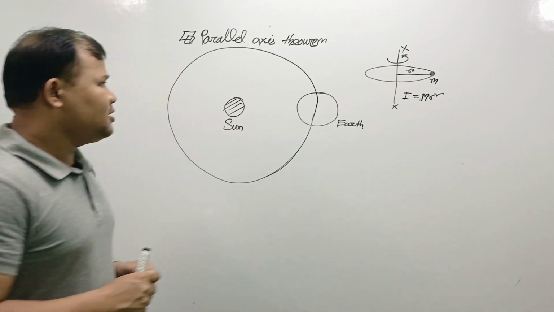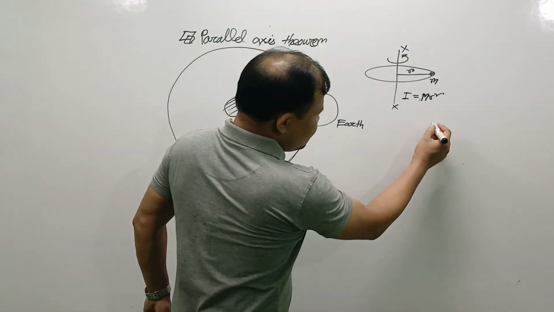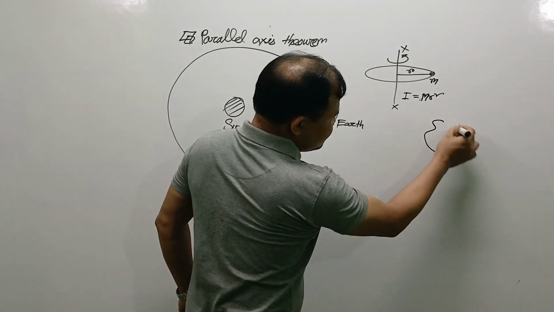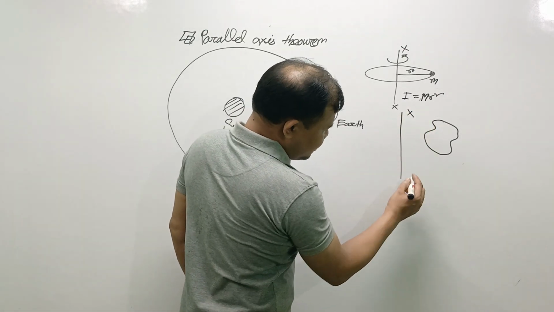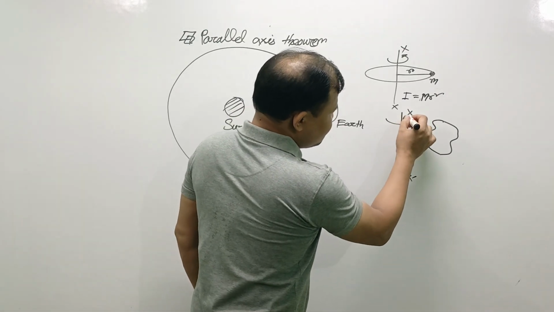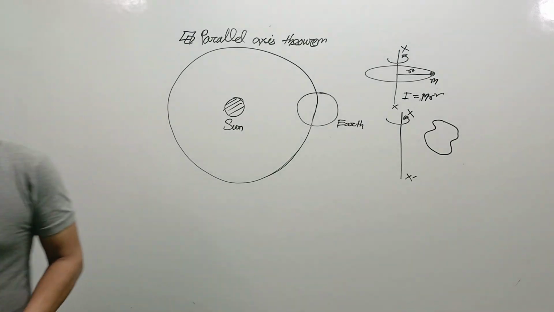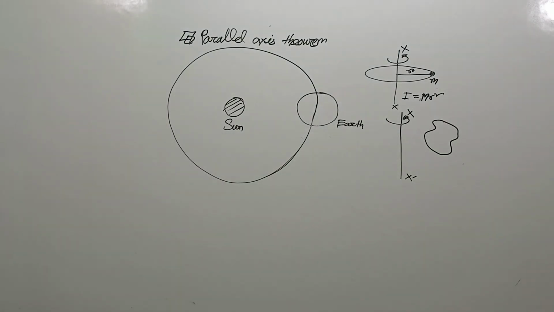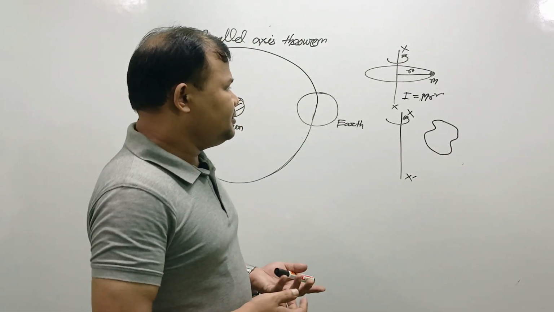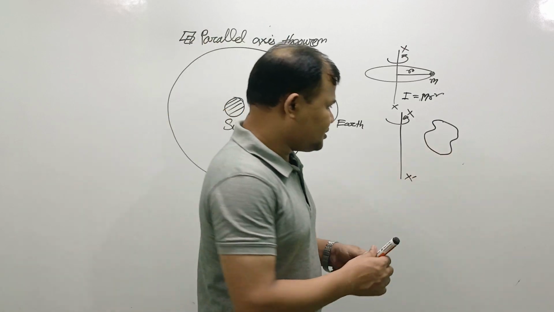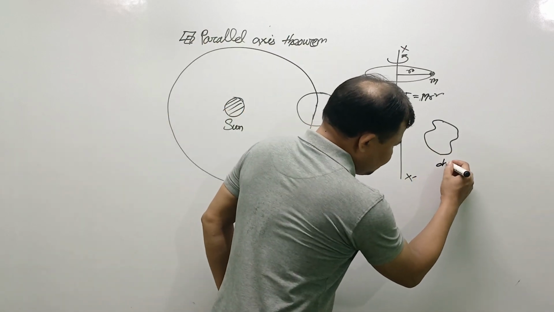My dear students, you know that if this is not a particle but an irregular-shaped object, and this object rotates around this axis, the rotational axis is x prime. This is not a particle. This is an object.